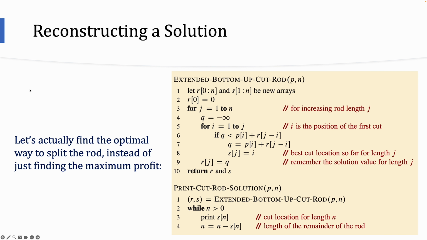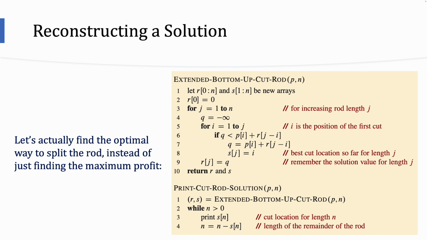If we determine that the best thing to do when we have a rod of length j is to cut off a piece of length i first, then that's going to help us print out the optimum way of actually splitting the rod. So we're going to get everything printed out.